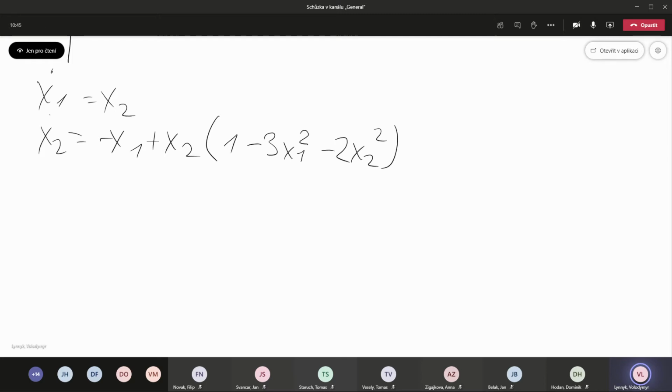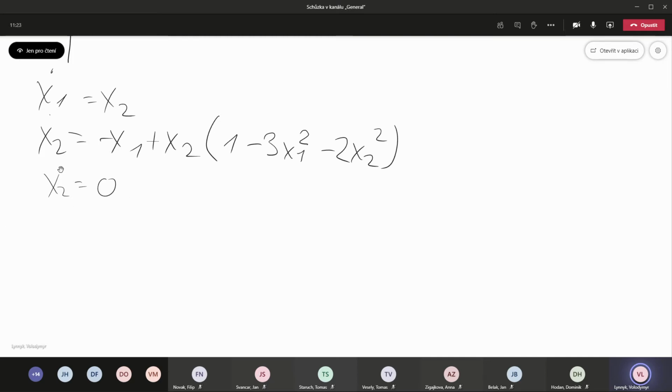Let's find the equilibrium. We can see that there is only one equilibrium. x1 dot equal to x2. If x1 dot is 0, then x2 equal to 0, and then only minus x1 equal to 0.